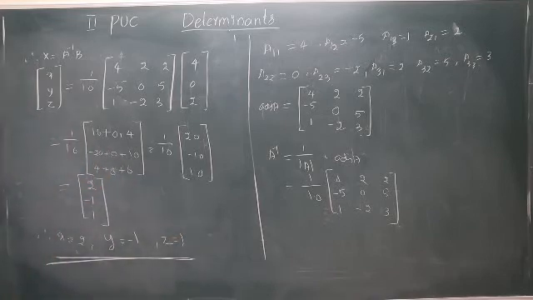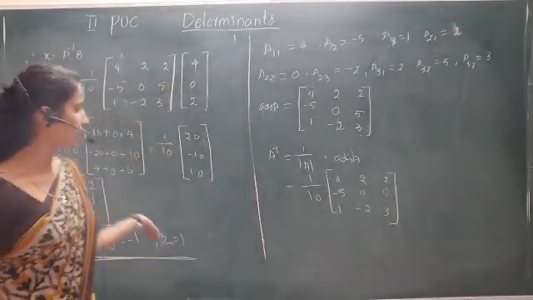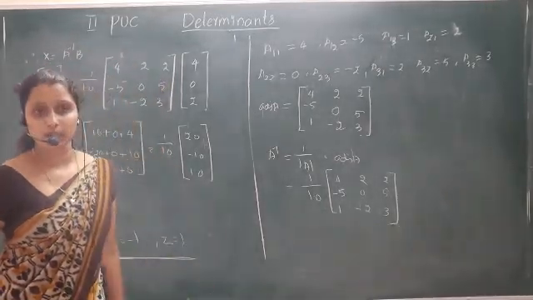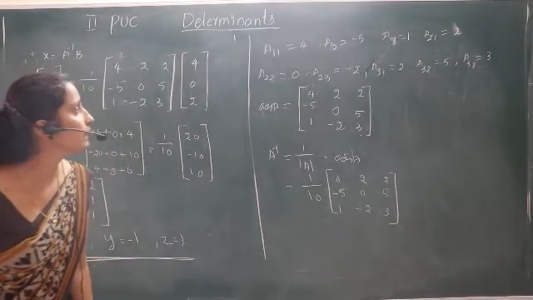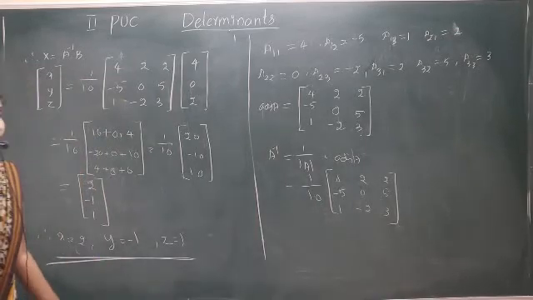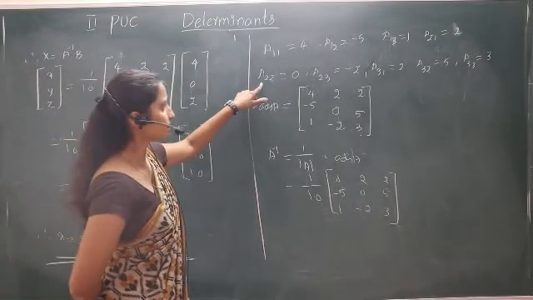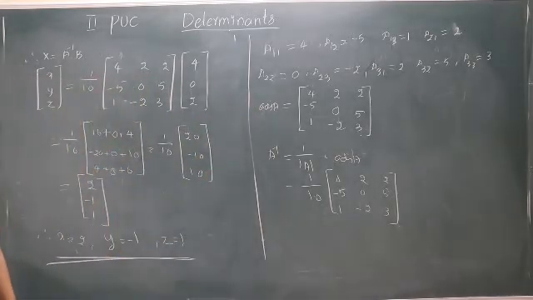So this is the method of solving a system of equations. For 2 by 2 and 3 by 3, two linear equations or three linear equations, the method is the same, but only in the 3 by 3 matrix, while finding the determinant or the adjoint, we have to find the cofactors, whereas in 2 by 2 we can directly write the cofactor.